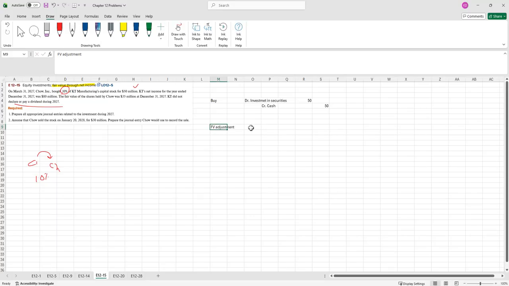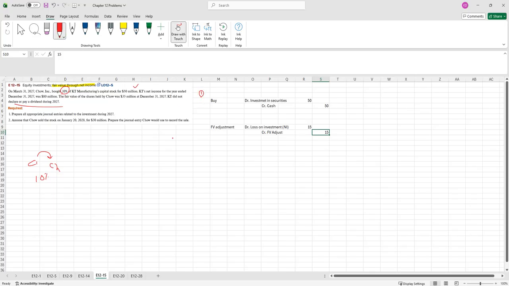It's going to go through our net income. What we started with is 50, and it dropped to 35. So we're going to do debit loss on investment through net income of 15, because it went from 50 to 35. Credit fair value adjustment of 15. Okay? Pretty straightforward there for number 1.